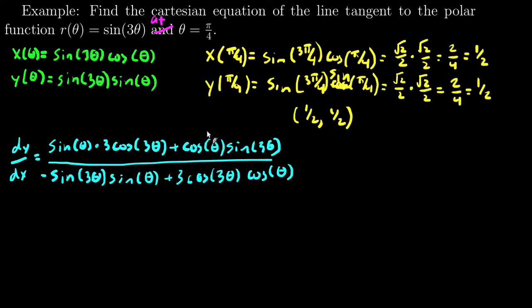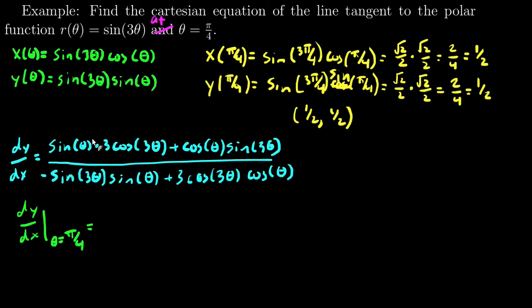Now, I did this in a little bit backwards order from what I showed you on the previous slide, but product rule you can flip around like that, so it is still correct. And so now I just evaluate dy dx where theta is equal to pi over 4.